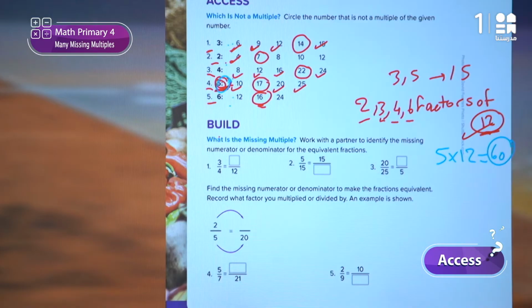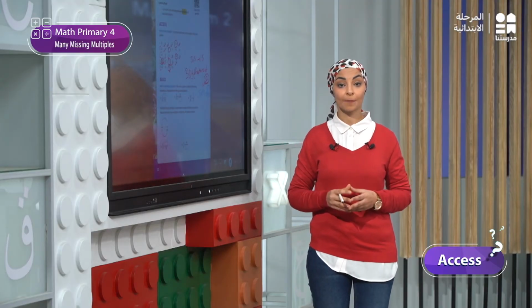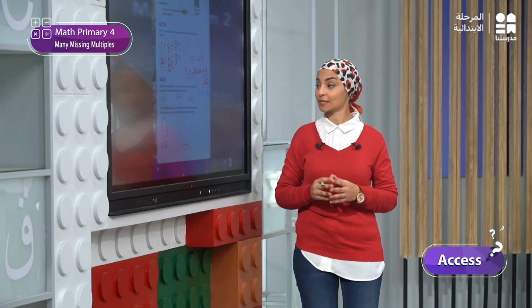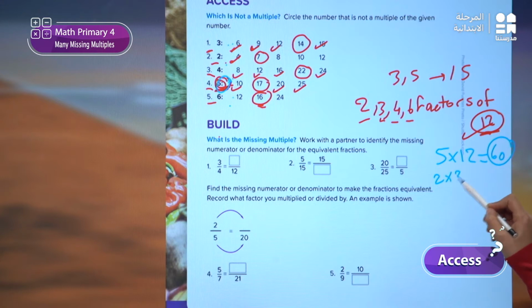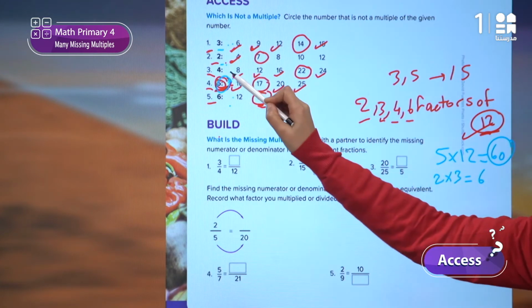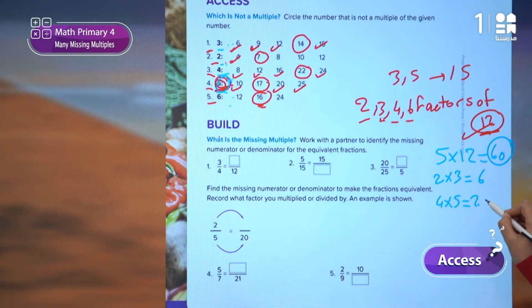Another group of students told me that the 6 is a multiple of 2 and 3, and also that 4 times 5 gives me 20. Here, 2 times 3 gives me 6 and 4 times 5 gives me 20. Right?